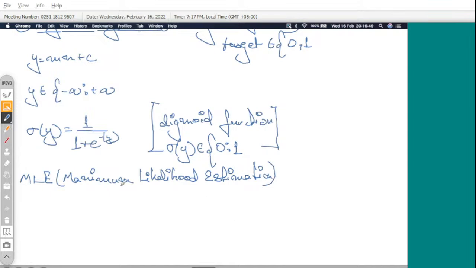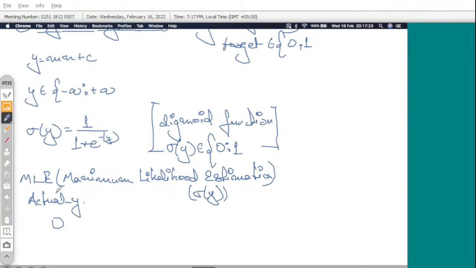Okay. Now, suppose our actual y is 0 and the predicted y, that is sigmoid of y, or rather, it's not predicted y, it's the likelihood, the probability, right?